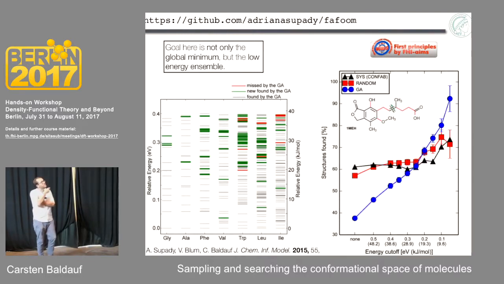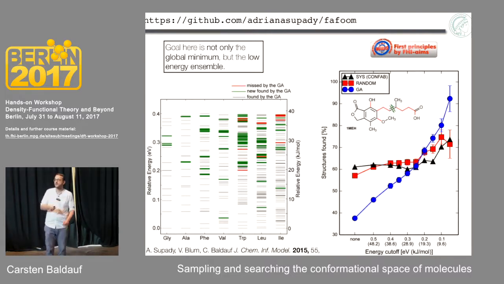And another very important comparison is this one. Probably best to ignore the black line, that is not so important. But the red line is essentially performing a random search. And what we see here is the amount of structures that was found from a given total set. We have set 100%, which is all the structures that we know of this system.